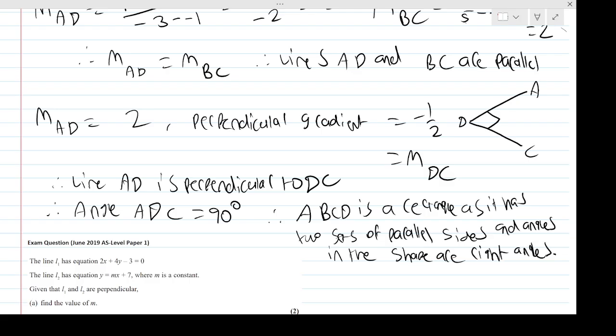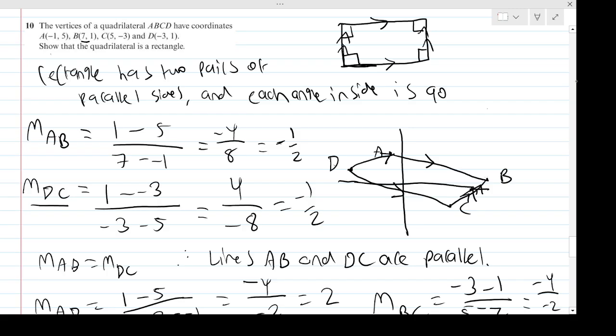There we are. Therefore, we proved it's a rectangle. That was a lot. But hopefully you can start to make sense of how you would approach these types of questions.